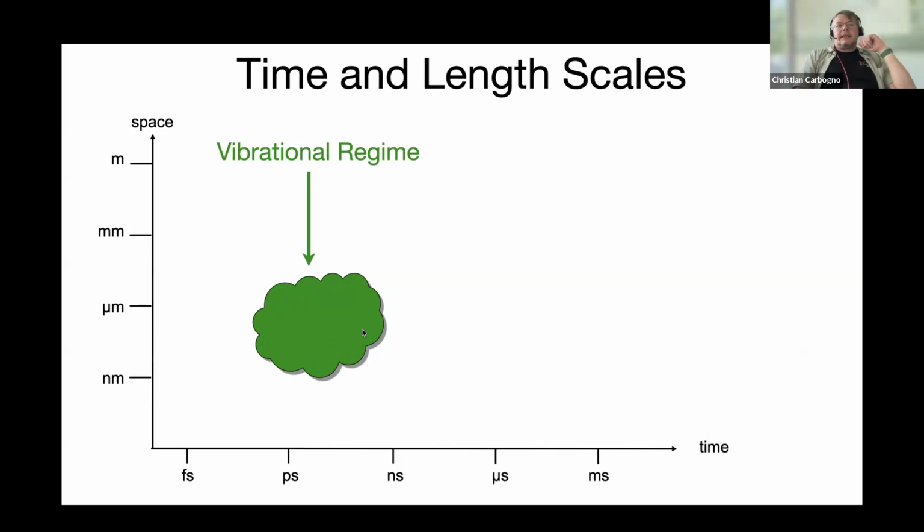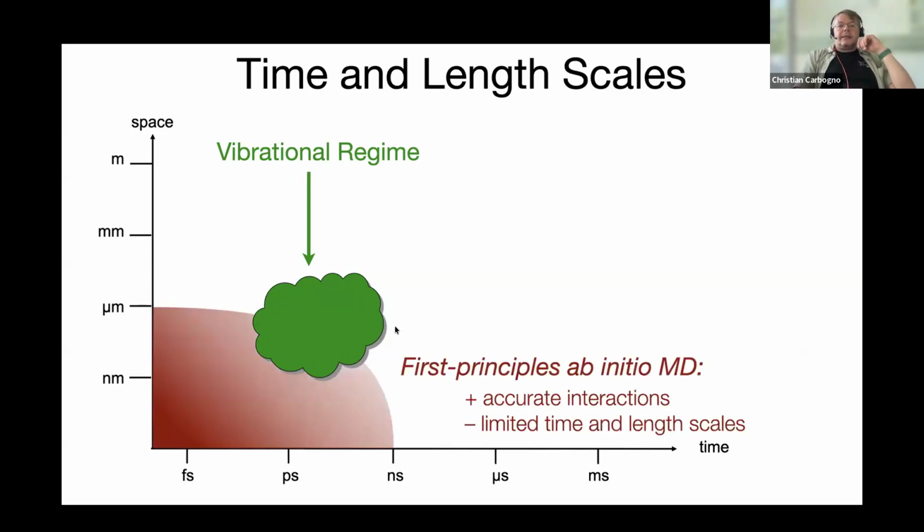Now, if you want to do that really with first principles, you can try, but you will have a problem because, as we said, each ab initio MD step has to happen at a time step of femtoseconds. So already reaching 1 picosecond requires thousands of DFT calculations. And if you then want to go even to nanoseconds, you need a factor of 1,000 more.